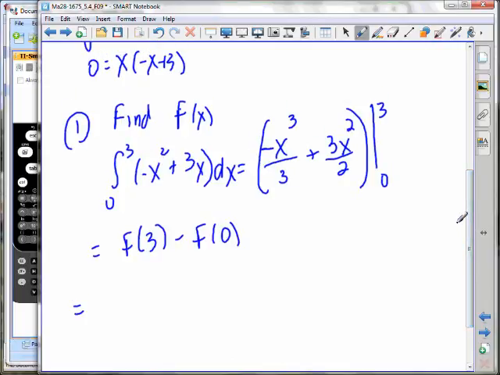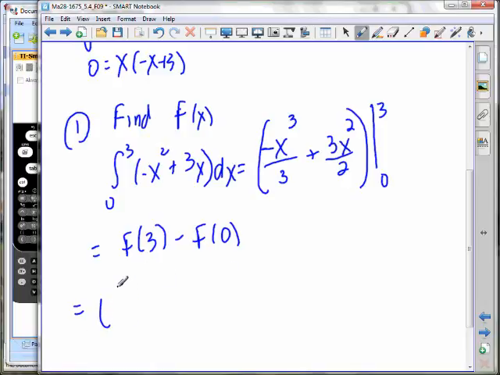I truly believe that if you put in this step in here, you won't make the mistake that thousands and thousands of people have made doing this work. And that is that they forget they have to go through the entire antiderivative with the 3 as an input before moving on to the input of 0. So you guys aren't going to make that mistake. So let's see.